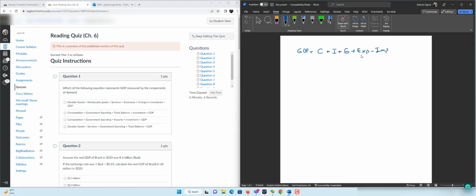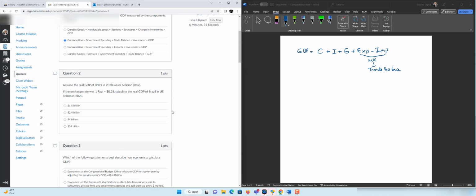And you can call this term net exports as well. In the book this is also called trade balance. So we need to find an option that fits this equation, which is this one: consumption plus government spending plus trade balance plus investment is GDP.